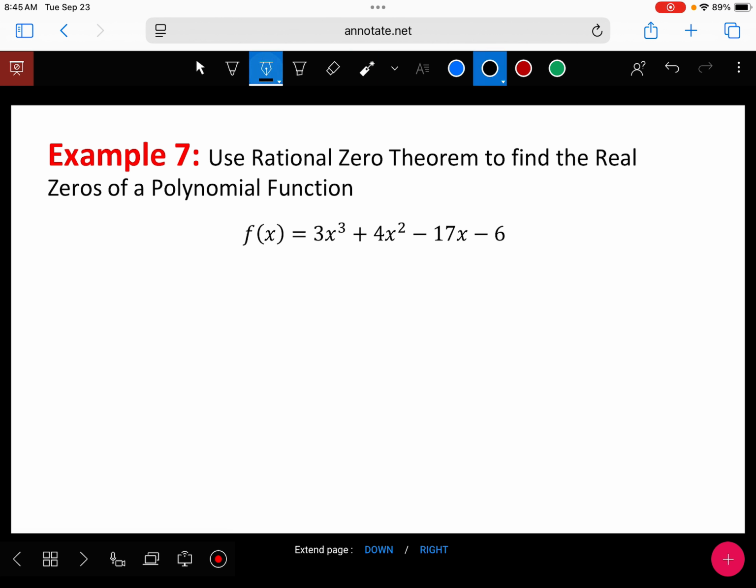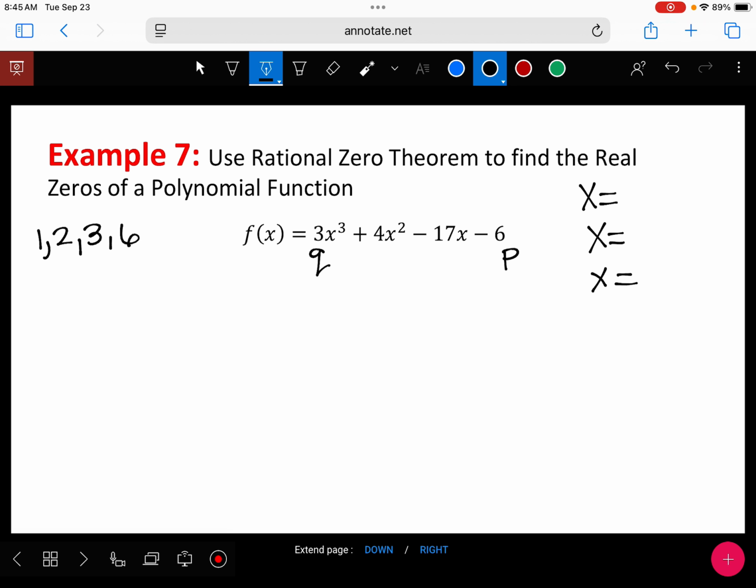So the first thing is, how many zeros am I looking for? If it's a 3rd degree, that means I'm looking for 3 answers. So now let's figure out what our possibilities are. We don't want to waste time doing synthetic division on numbers that we know won't work. So my factors of 6 are 1, 2, 3, and 6.